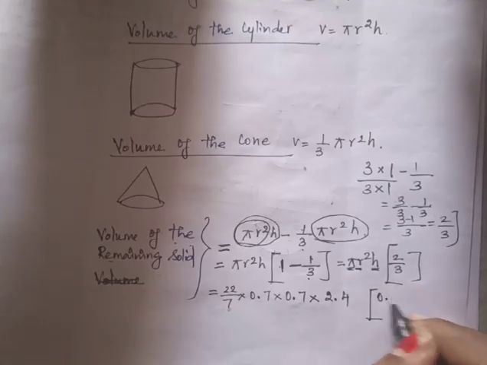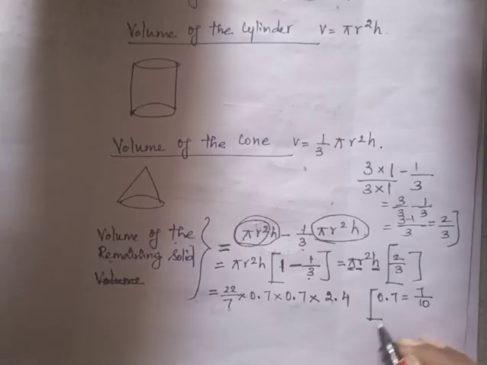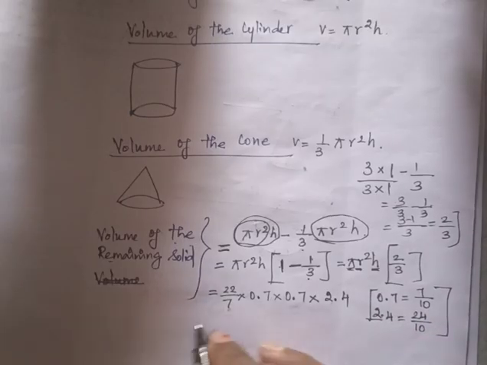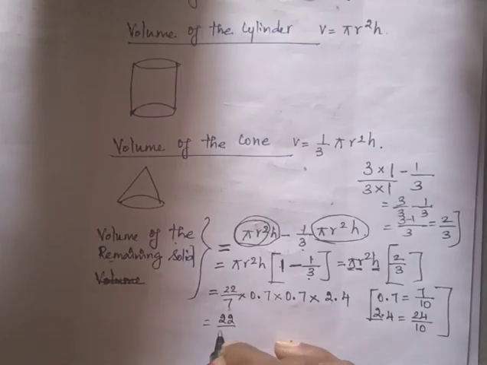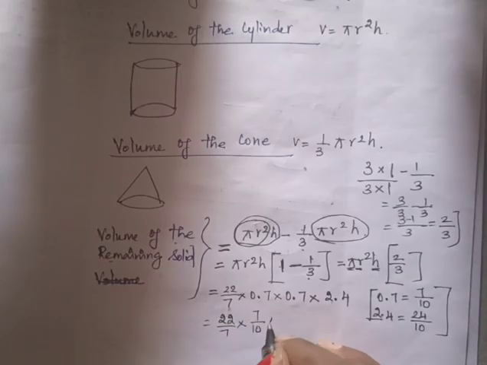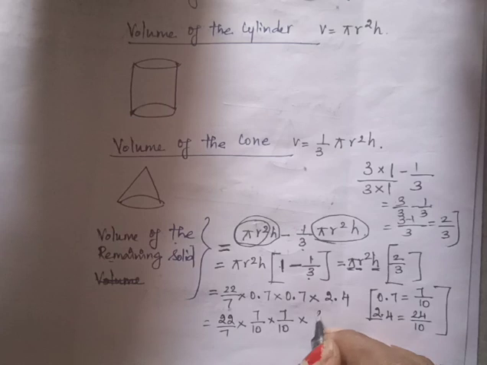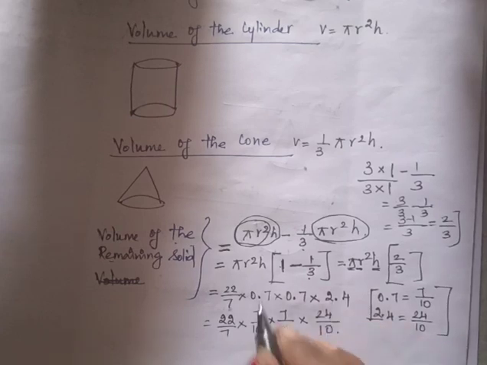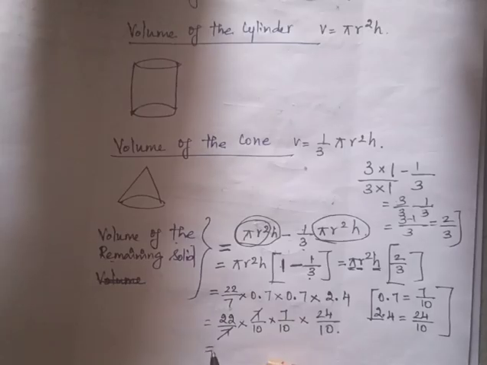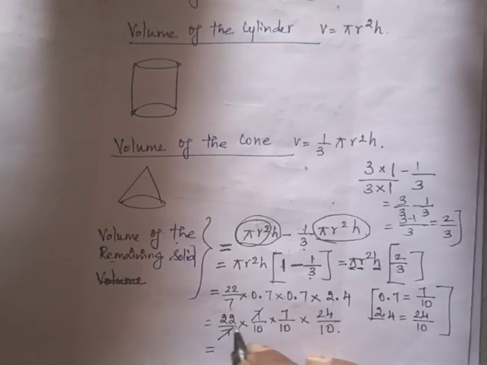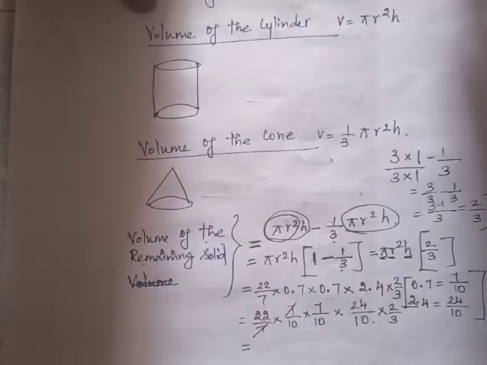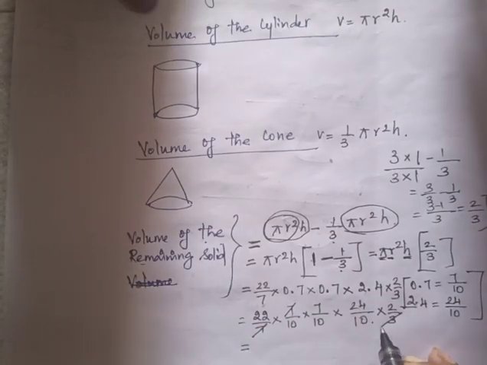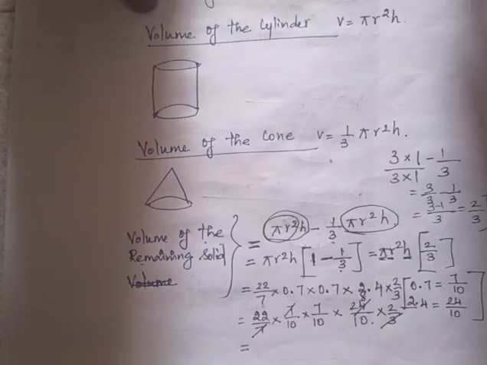We can write 0.7 as 7 by 10 as well as 2.4 as 24 by 10. 22 divided by 7 into 7 by 10 into 7 by 10 into 24 divided by 10. 7 gets cancelled. 7 cancelled. 3 tables, it is 8 times, cancelled.